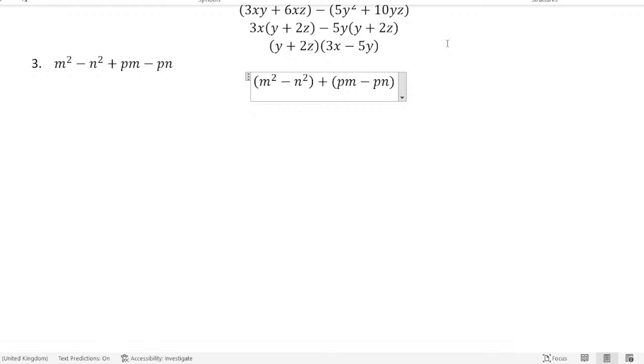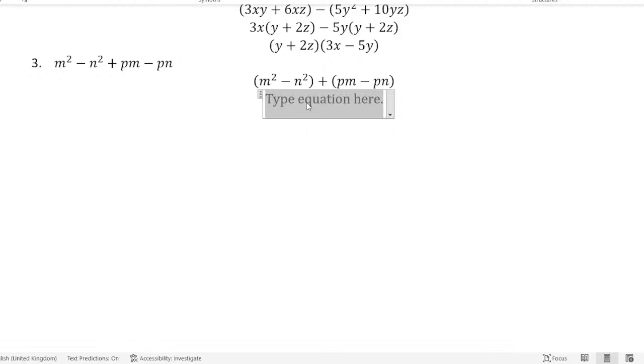Then now let's look for a common factor. On the left hand side we have m squared minus n squared.